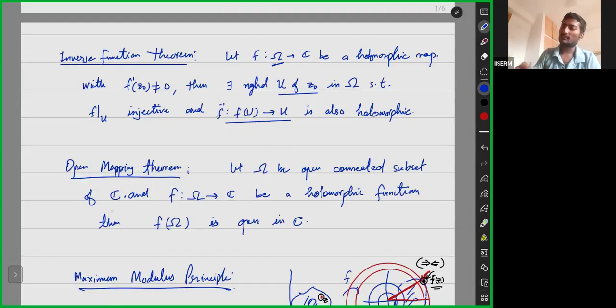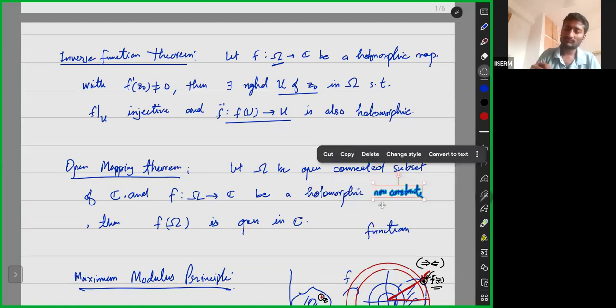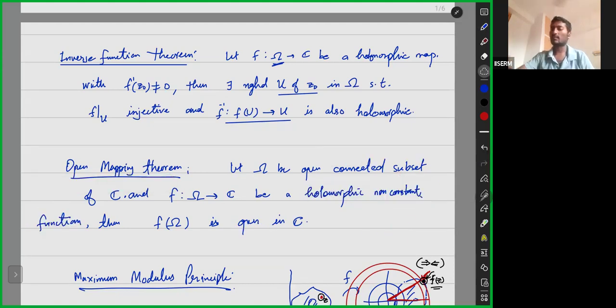Let omega be an open connected subset of C, and f be a holomorphic function which is non-constant. Then f of omega is open.